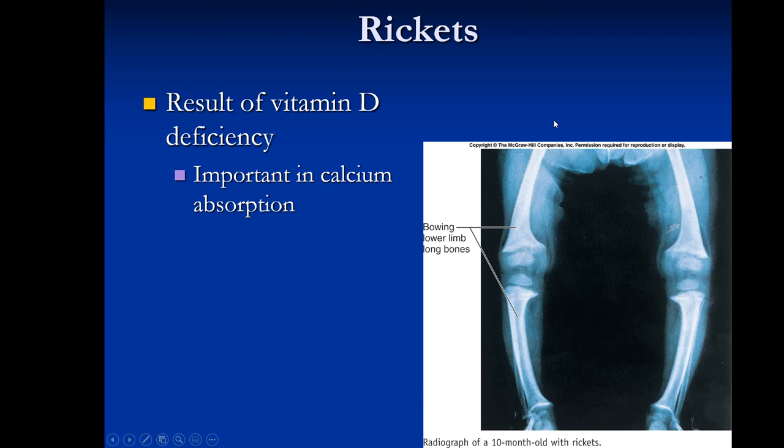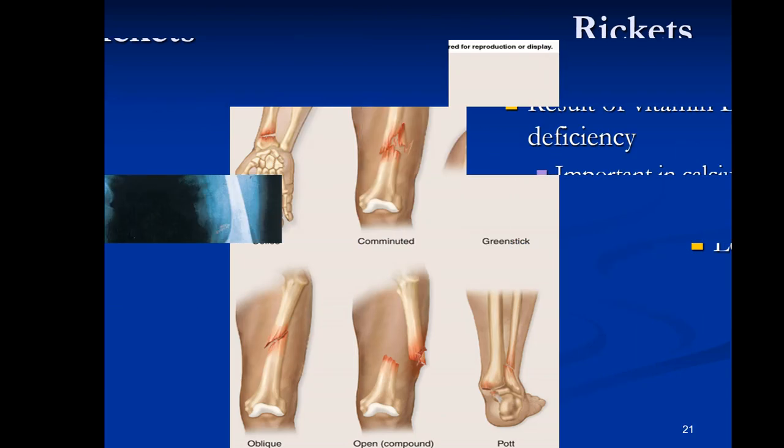A common thing that you see in rickets is that the bones soften so much that you may start getting a bow-legged appearance. This is the classic sign of rickets. Again, lack of calcium, bones get soft. Lack of collagen, the bones get weak. So vitamin D deficiency leads to soft bones.